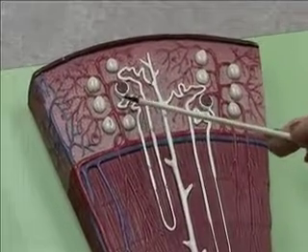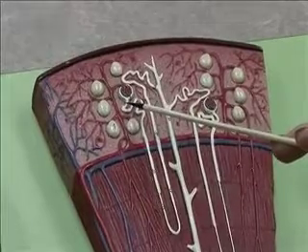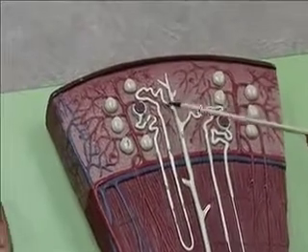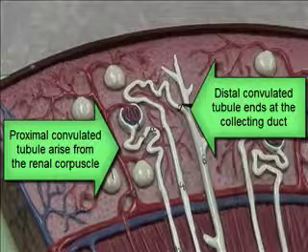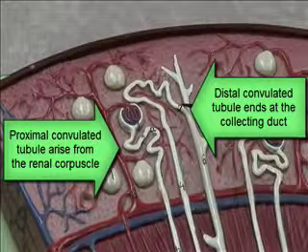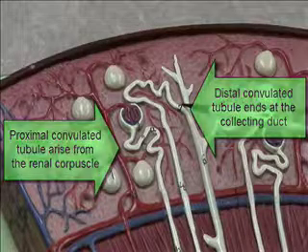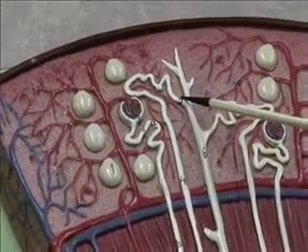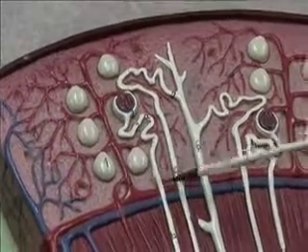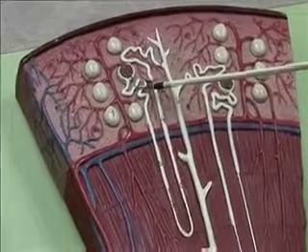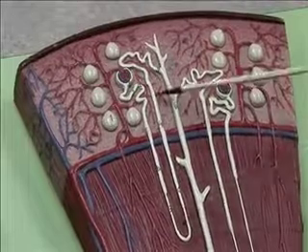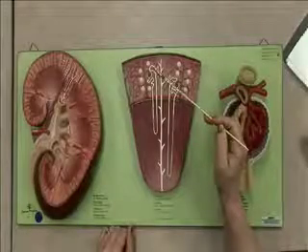Proximal tubules always arise from the renal corpuscle. Distal tubules always end at a collecting duct. From there, you can easily locate the descending limb of the loop of Henle off the proximal tubule, and the ascending limb goes into the distal tubule.